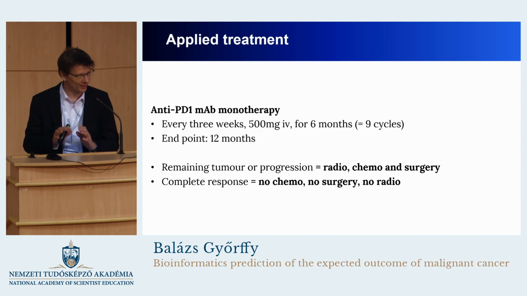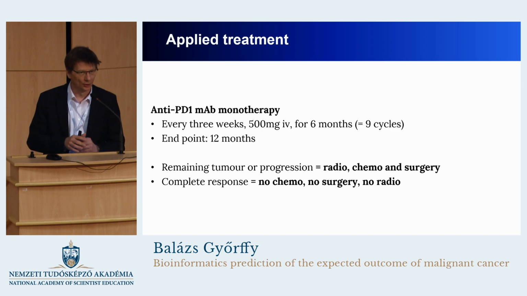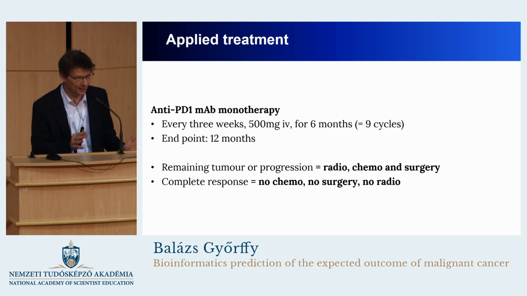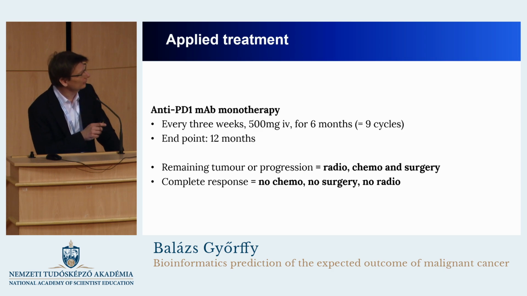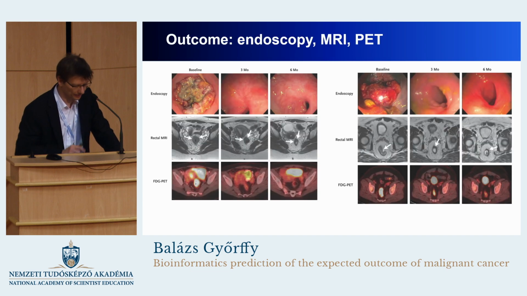The concept was that if there is remaining tumor or there is progression, the patients will receive the normal treatment. As I said, the normal treatment is radiotherapy, chemotherapy, and surgery. And if there is complete response, so this means that if the tumor is gone, then the patients will not receive chemotherapy, surgery, or radiotherapy.